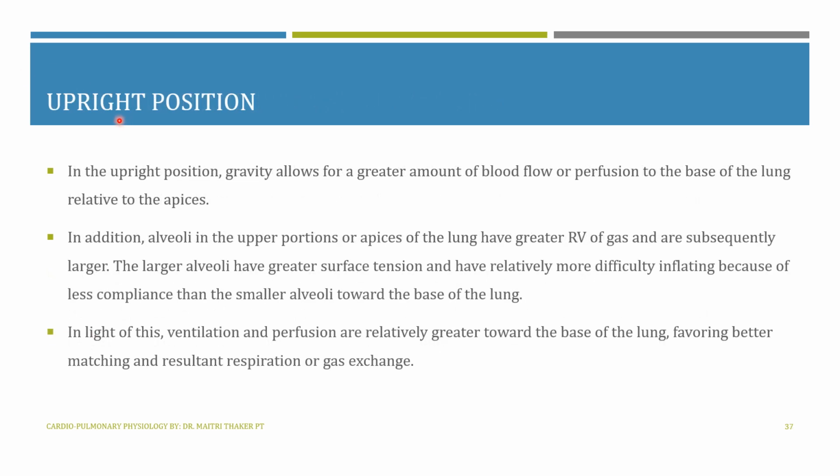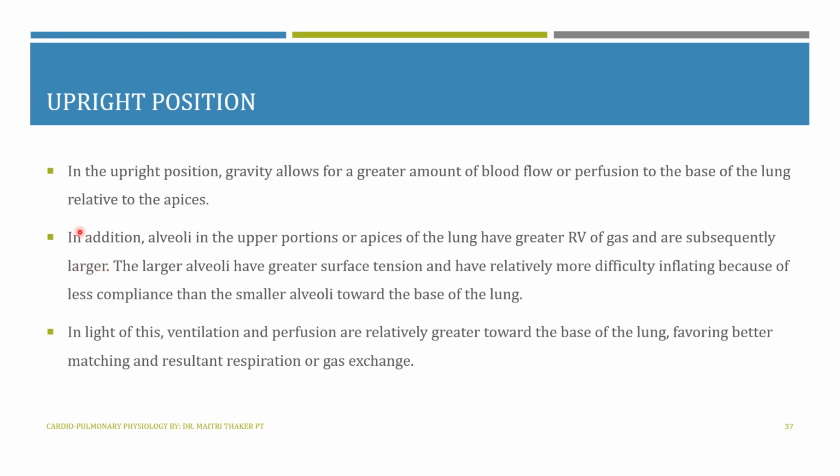Now what happens in upright position? Okay, so in upright position, gravity allows for a greater amount of blood, or perfusion, at the base of the lung compared to the apex of the lungs. In addition, alveoli in the upper portion, or apices, of the lung have greater RV. RV is residual volume, okay, which are subsequently larger.